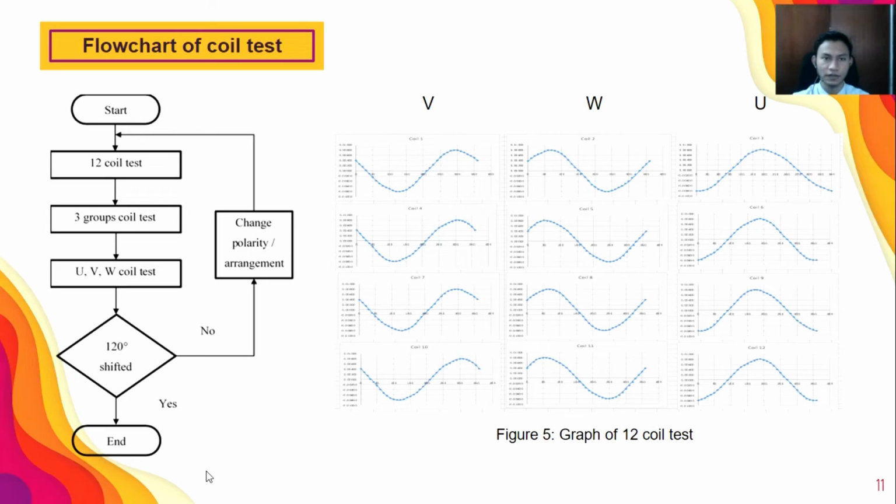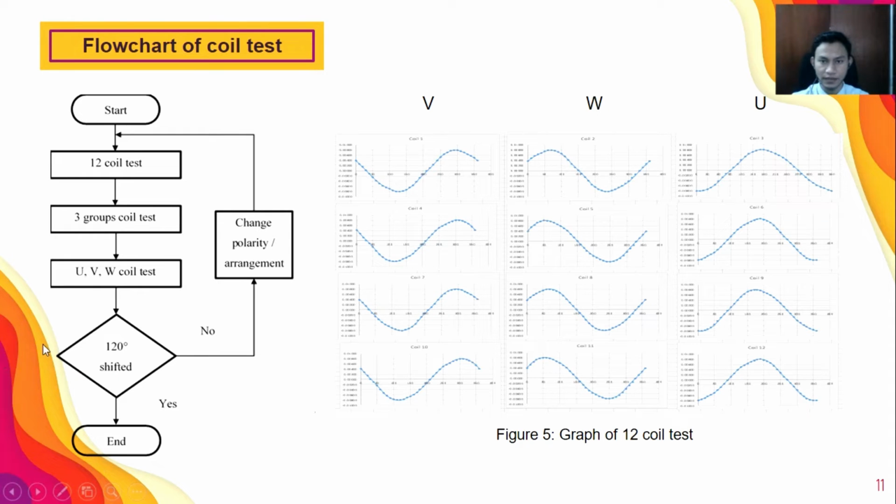So this is the flowchart of the coil test. First, we need to do the 12 coil test. Second is the 3 group coil test, the UVW coil test. If the design shift is 120 degrees, we proceed to the next step. If not, we need to change the arrangement.